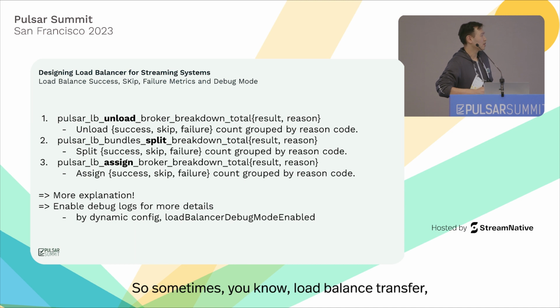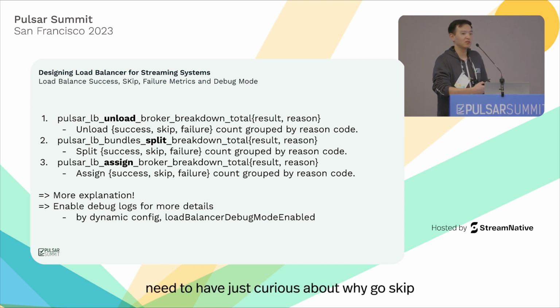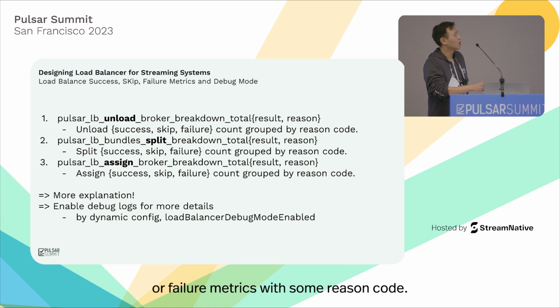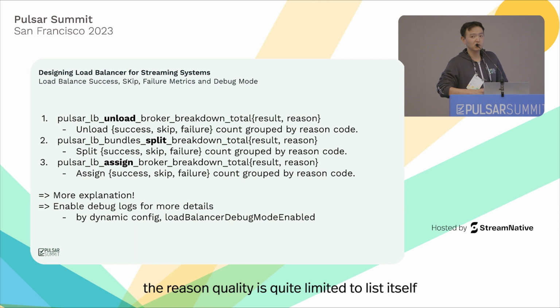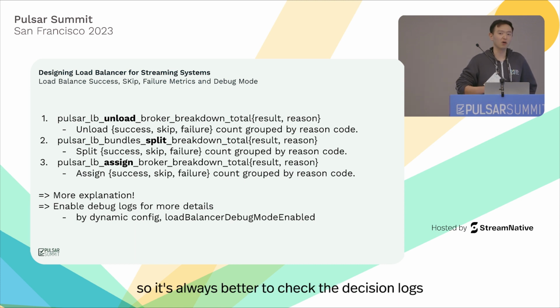Sometimes the transfer shedder decides to skip the load balance decisions, and people are curious about why it got skipped. For this case, we want to have skip or failure metrics with reason codes. One thing I want to mention is that the list of reason codes is quite limited, so it's always better to check the decision logs.